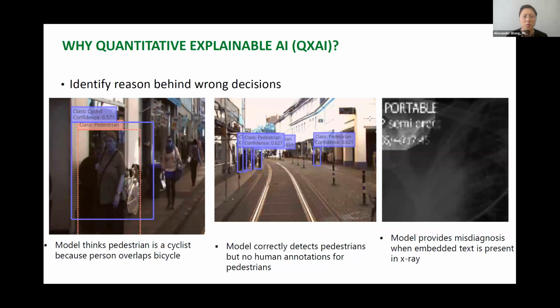And because of explainable AI, you see the reason it thinks it is a cyclist is that you'll see highlighted a bicycle where the person overlaps. So in its mind, the AI is thinking, okay, here's the person, here is a bike, the person is overlapping the bike, as a result, it is a cyclist. With this kind of insight, we're able to take actionable steps to show it more examples, so it understands that even in this kind of situation, this is a pedestrian and not a cyclist.